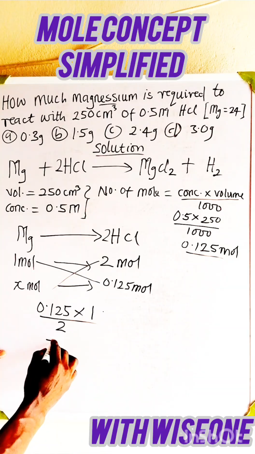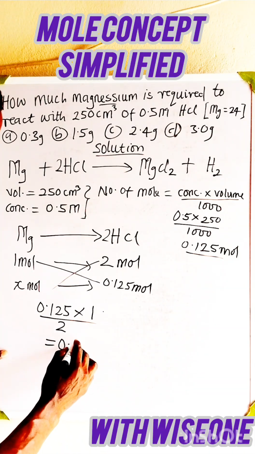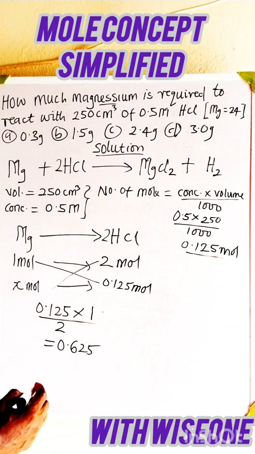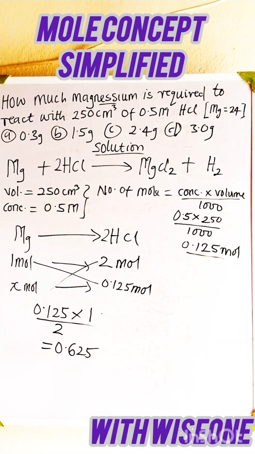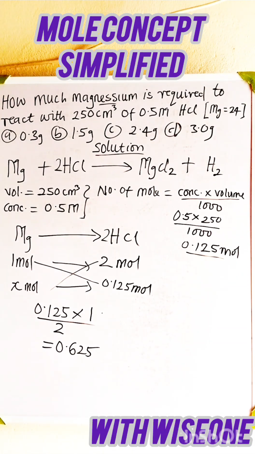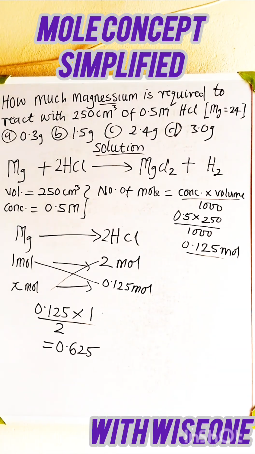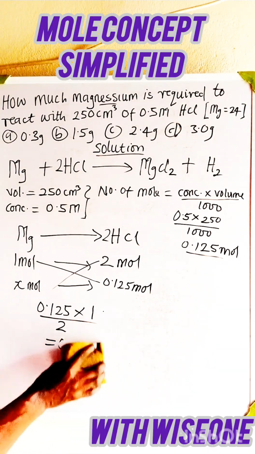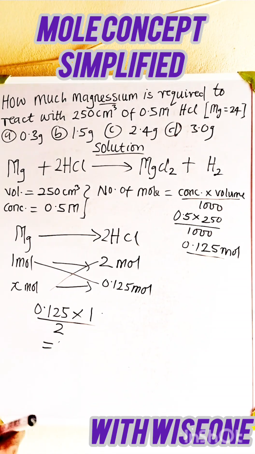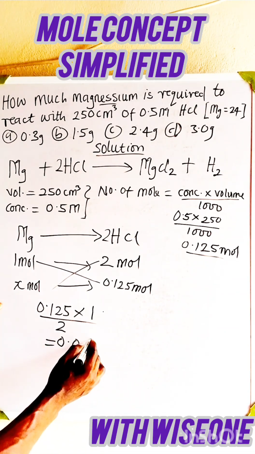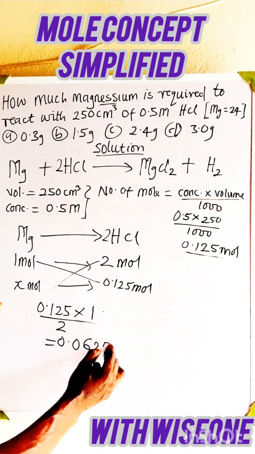When you press your calculator, you have 0.0625.